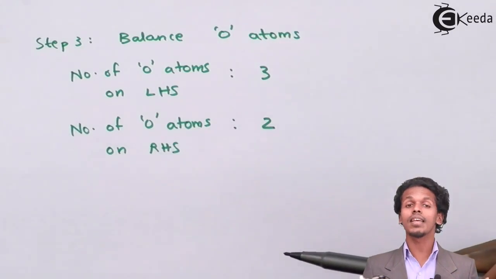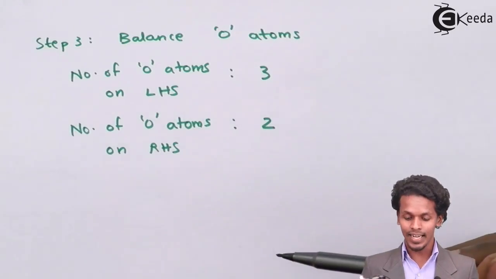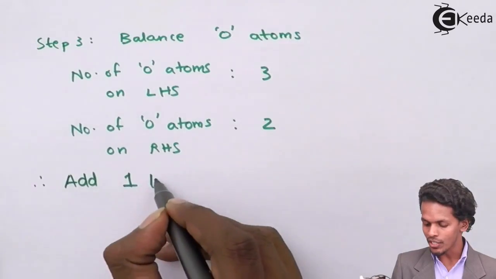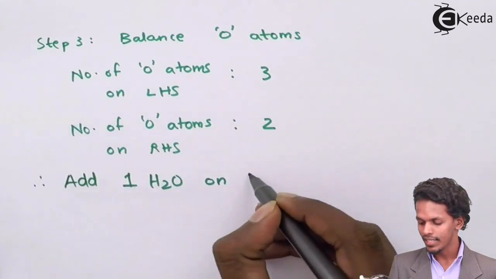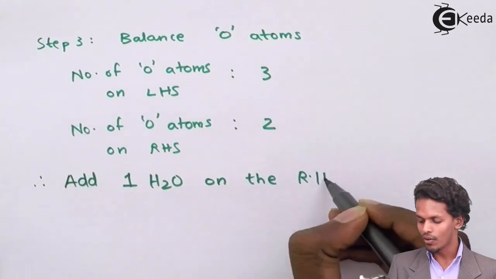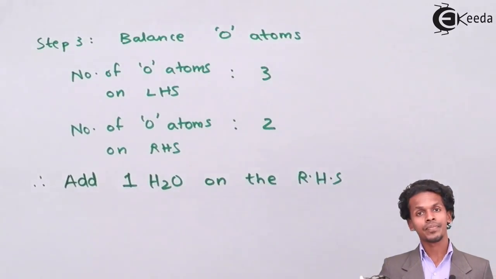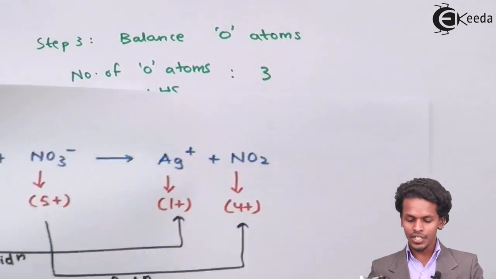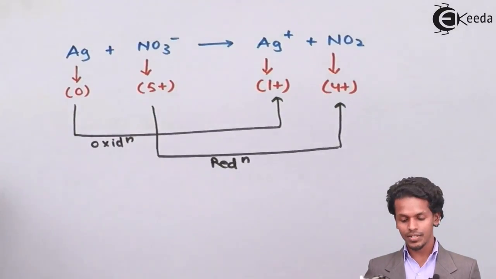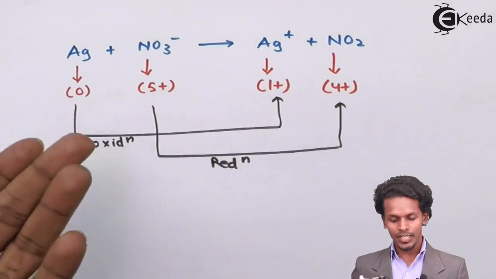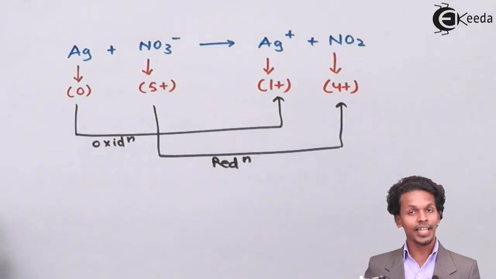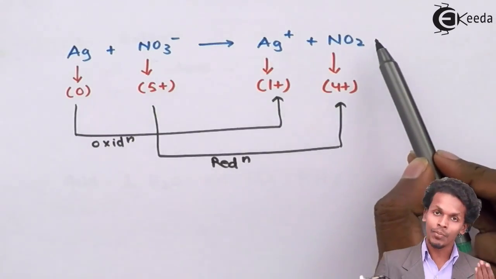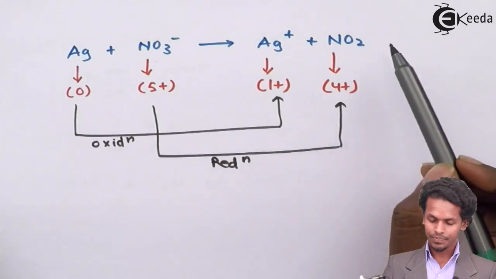Since the deficiency of oxygen atom is 1 on the right hand side, we will add 1 mole of H2O on the product side. This was the initial equation that we balanced, Ag plus NO3 minus giving Ag plus and NO2. We are just going to add 1 mole of H2O on the product side.